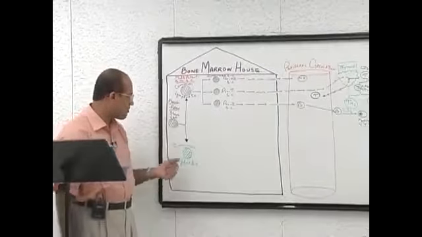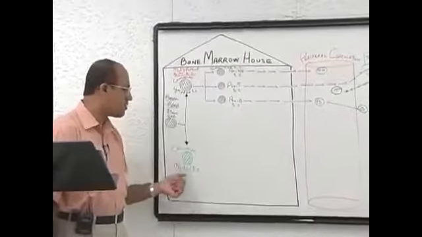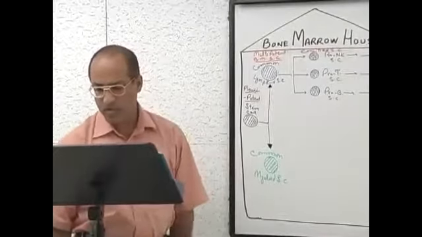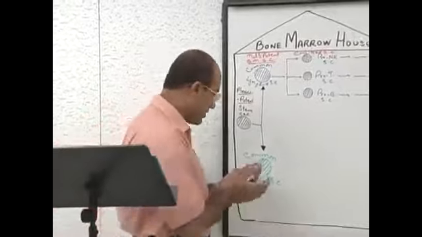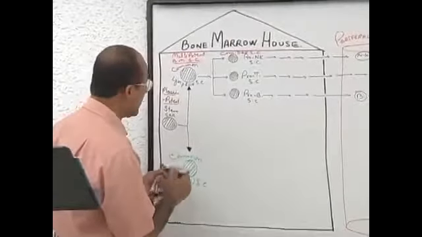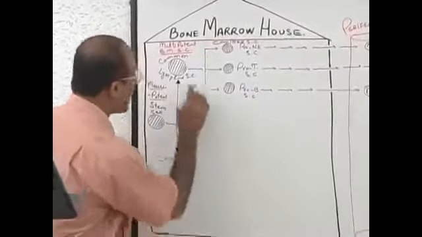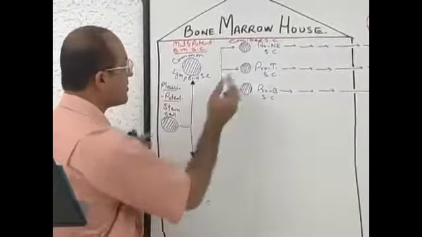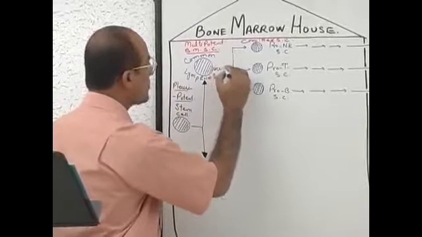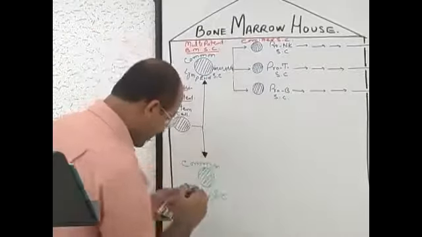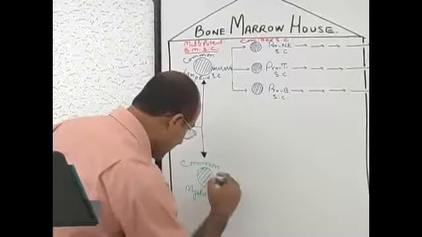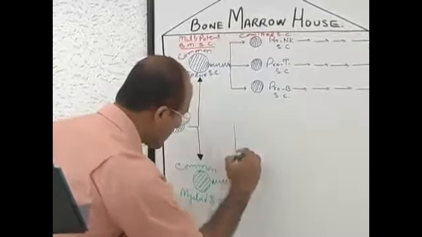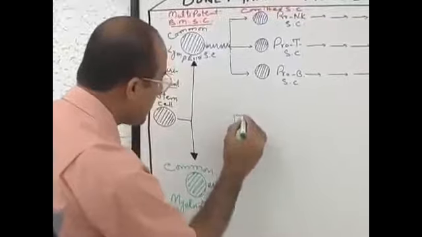Now we can come to the products coming from the common myeloid stem cell. Actually, you have seen lymphoid stem cell. This divides into how many types? 3 types of cells, right? In the same way, myeloid stem cell can also divide into 3 types of stem cells.